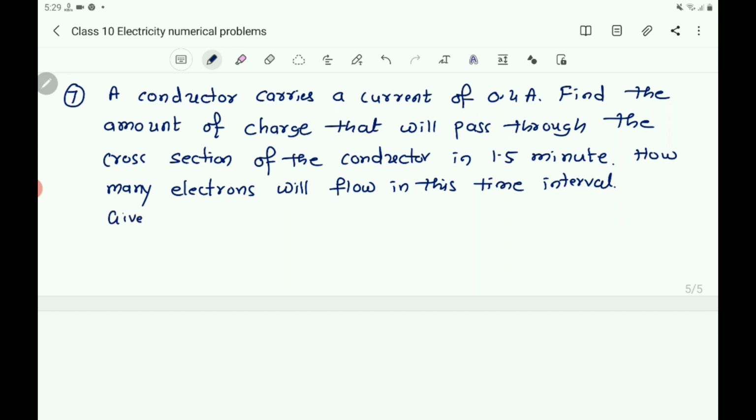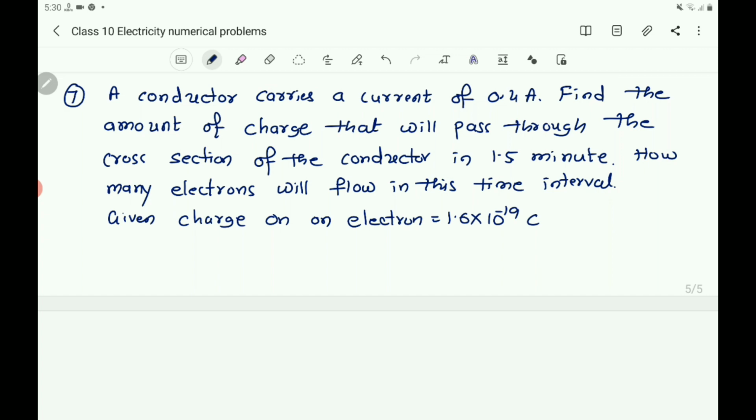Given charge on an electron, that you know equals 1.6 into 10 power minus 19 C.